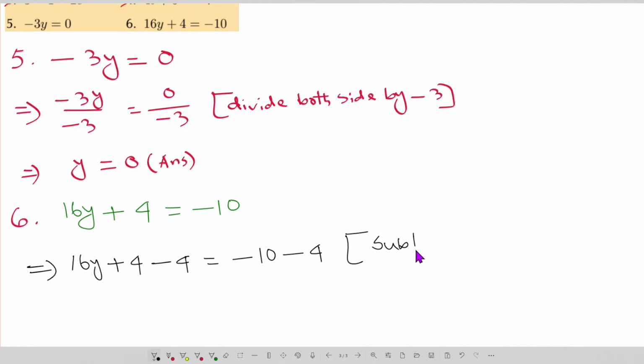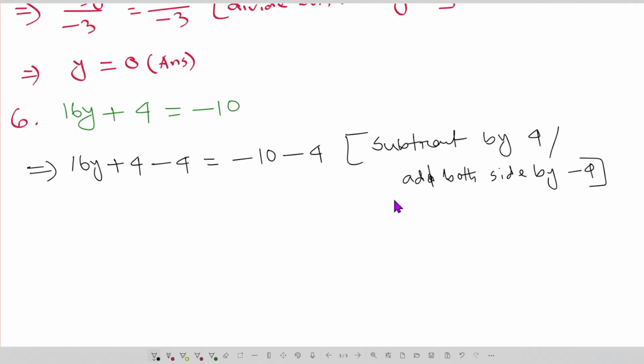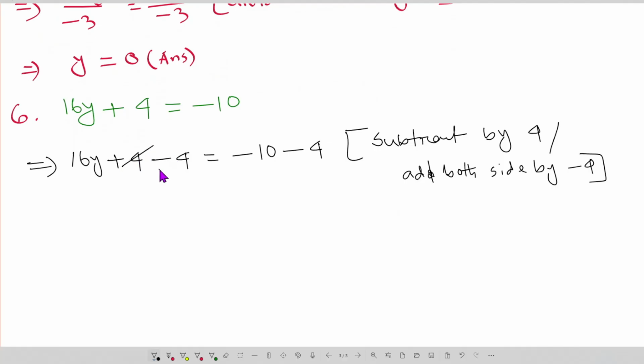Subtract by 4, or we can say add minus 4 both sides is the same thing. So plus 4 minus 4 out, here is 16y equals minus 14.